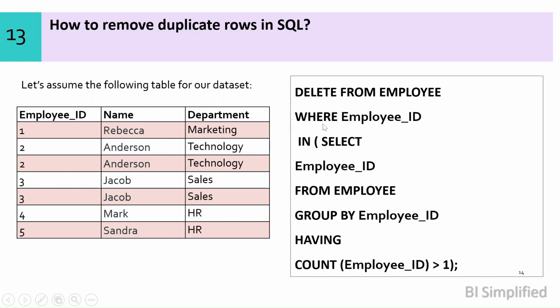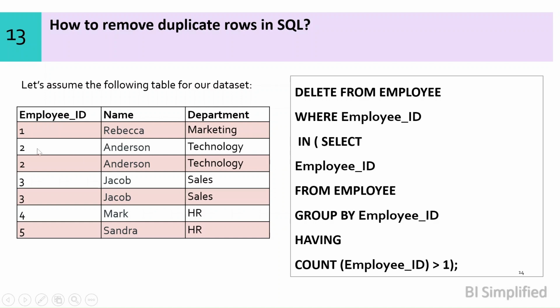So your query will be: DELETE FROM employee WHERE employee_id IN (SELECT employee_id FROM employee GROUP BY employee_id HAVING COUNT(employee_id) > 1). Using this inner query, you are checking against each employee ID what the count of that employee ID is.